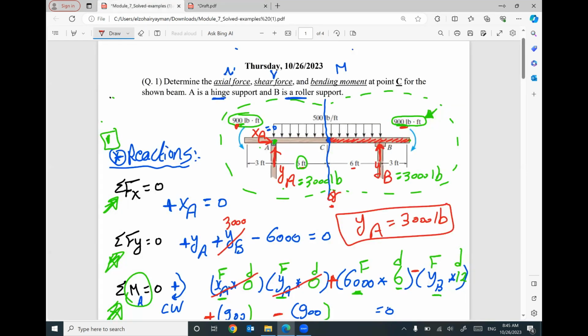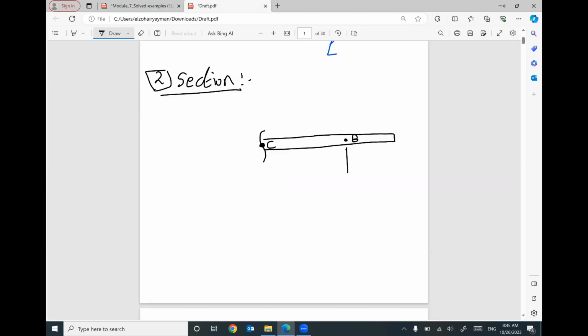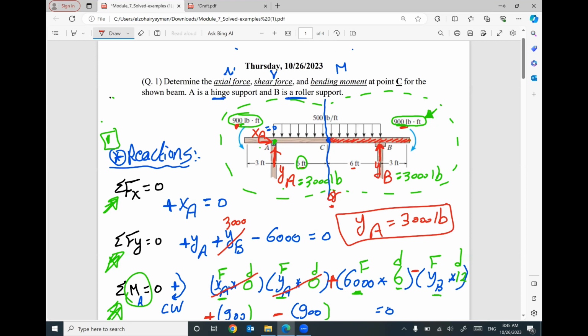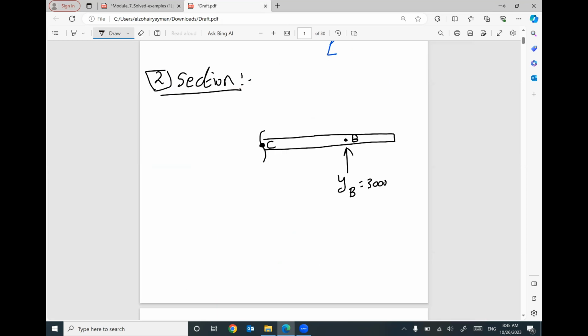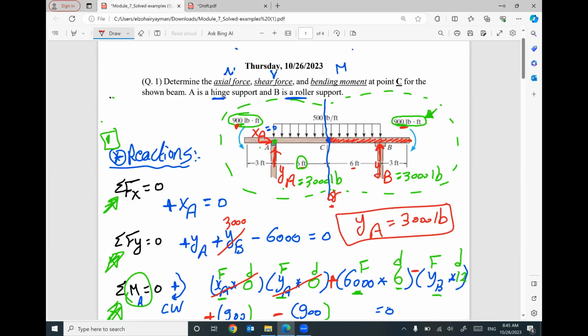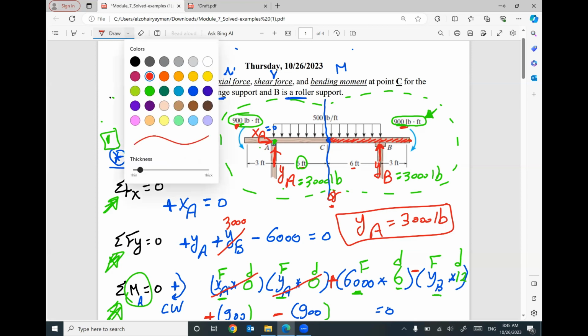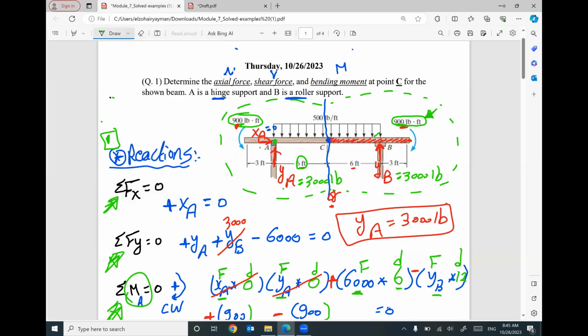At this point B, I have reaction YB equal 3000. We are given on this part at this end 900 pound-foot. And keep in mind, on this part, I have this little part of the distributed load.